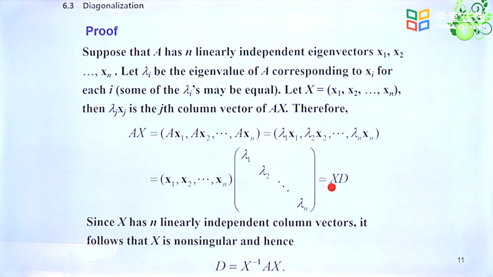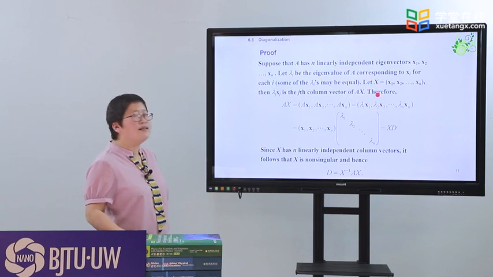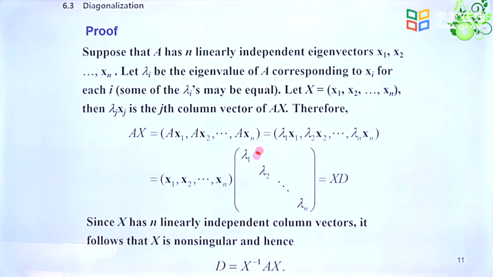So AX equals X times D. And because A has n linearly independent eigenvectors, X is non-singular. Because it is non-singular, you can pre-multiply by X inverse on both sides, and you will get X inverse times A times X equals D.